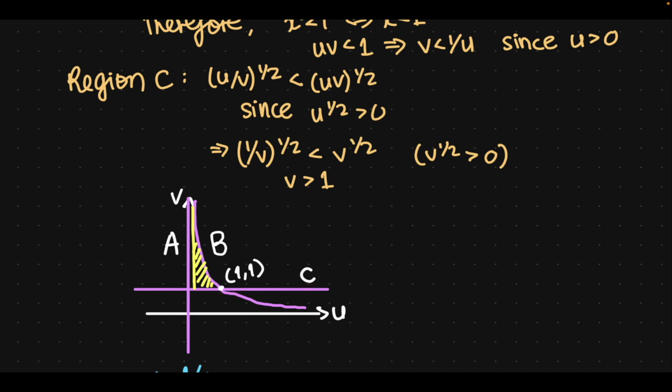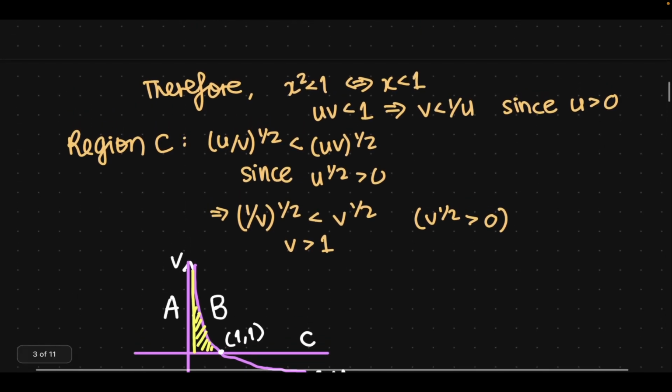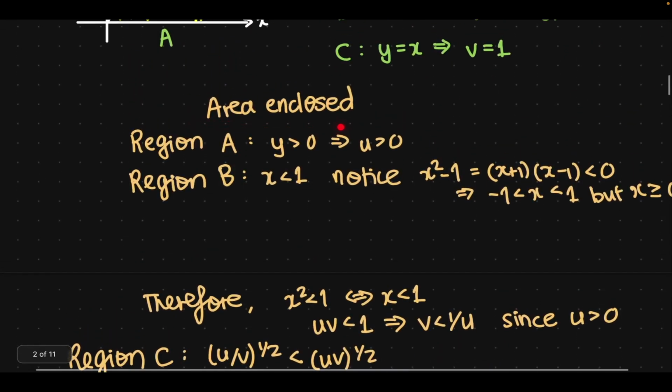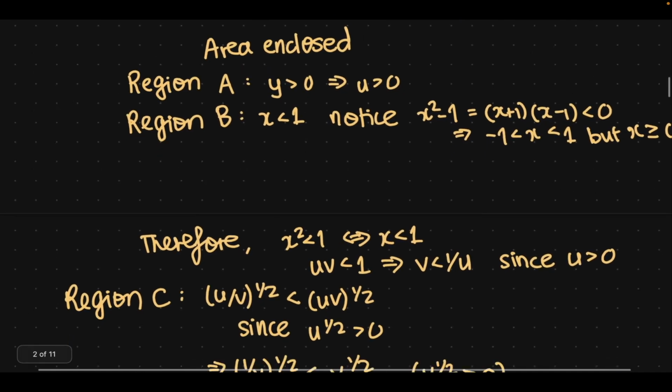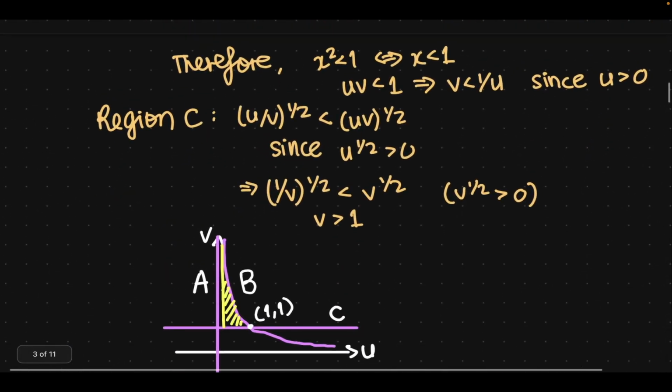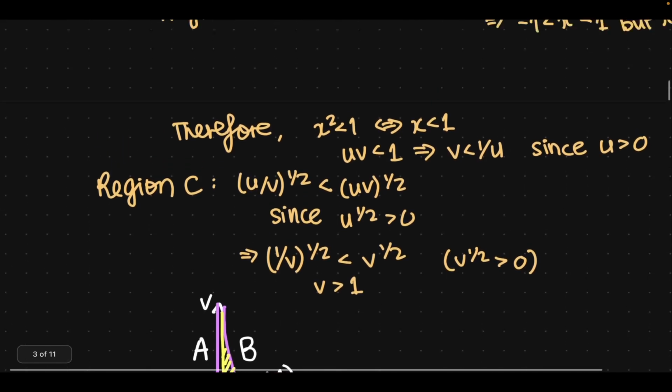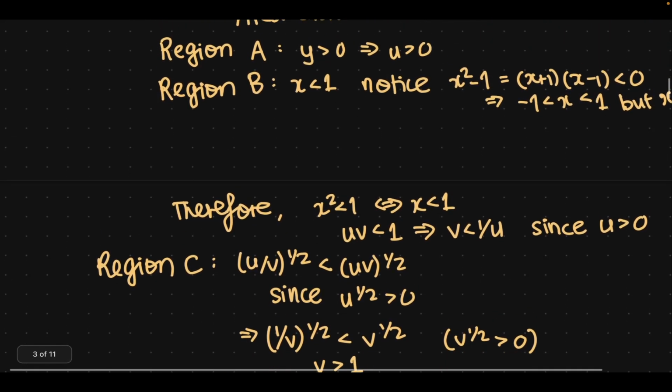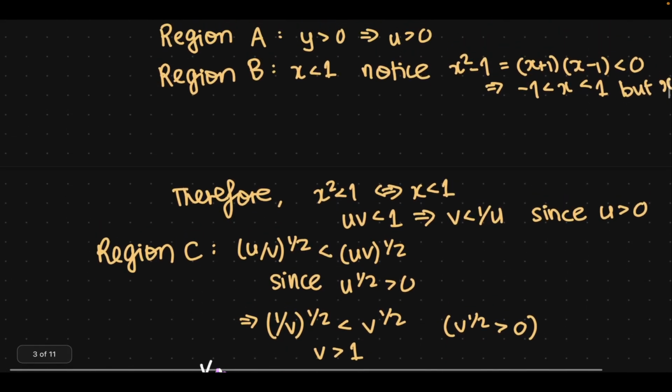Fair enough. And if we look at the area enclosed by the inequalities that we set up, we have u is greater than 0. So that means points above the u axis, which is basically most of them. That's not helpful. We need more. And that's why we have region B here.